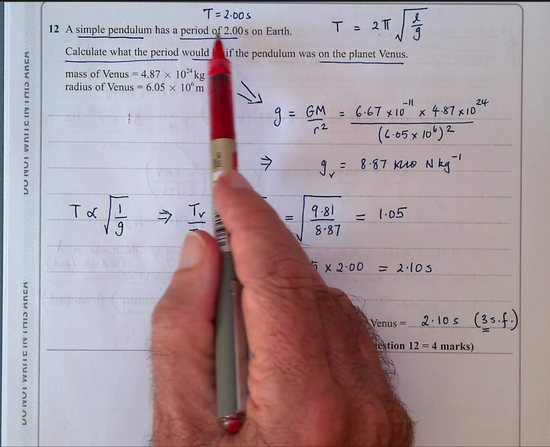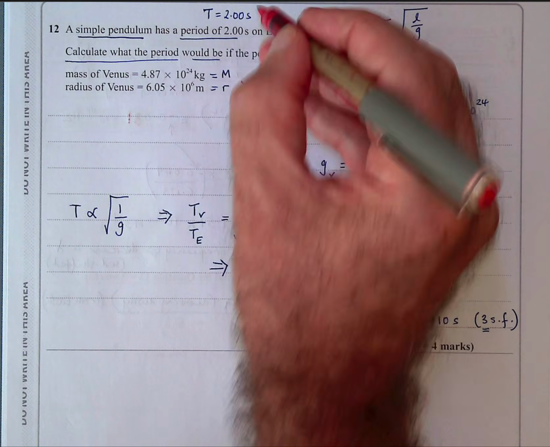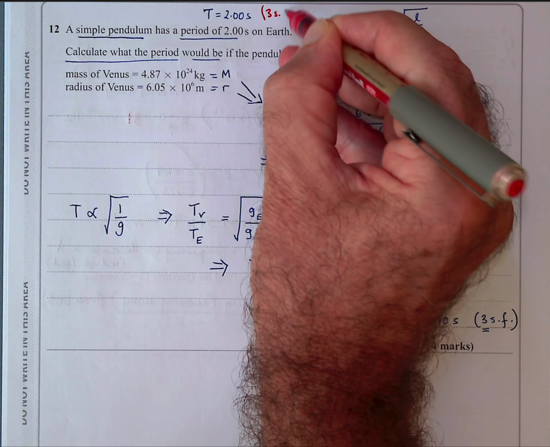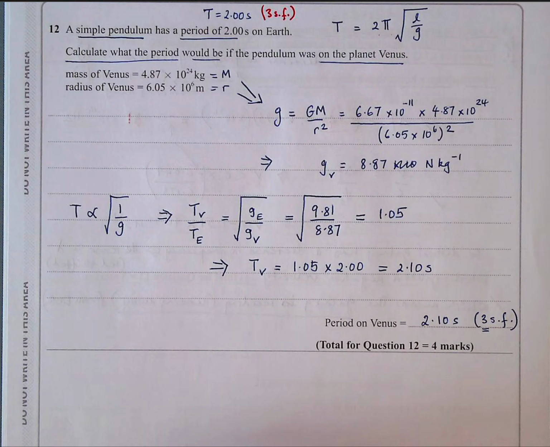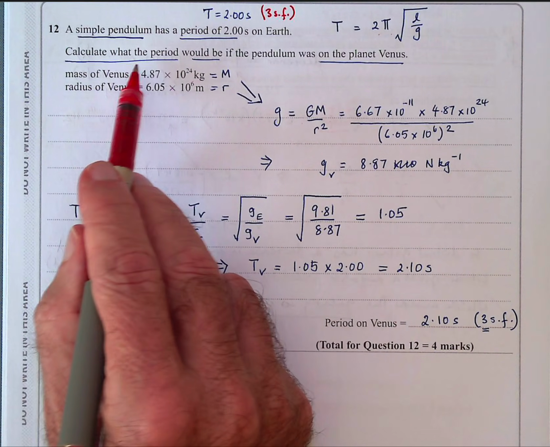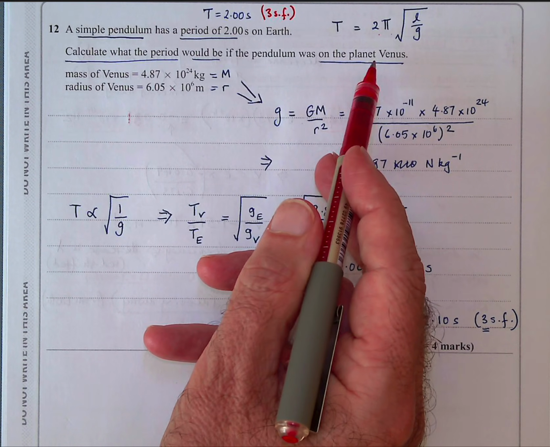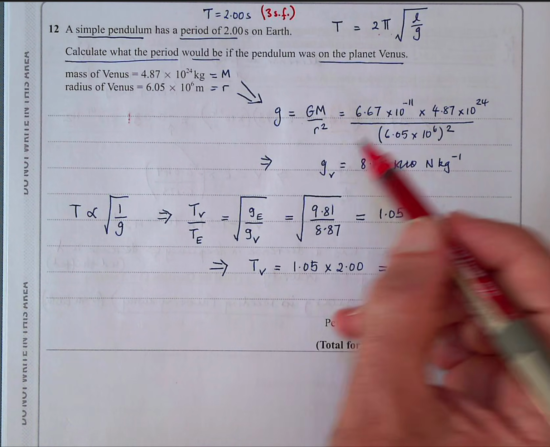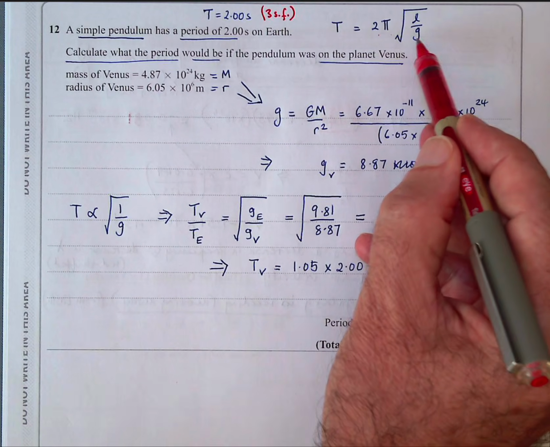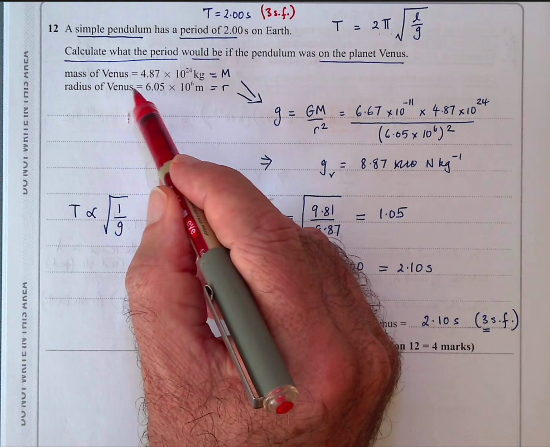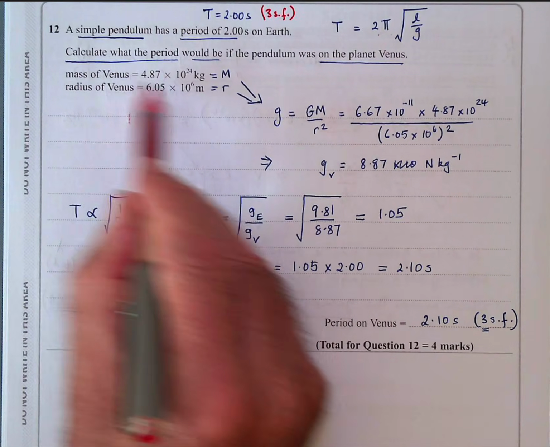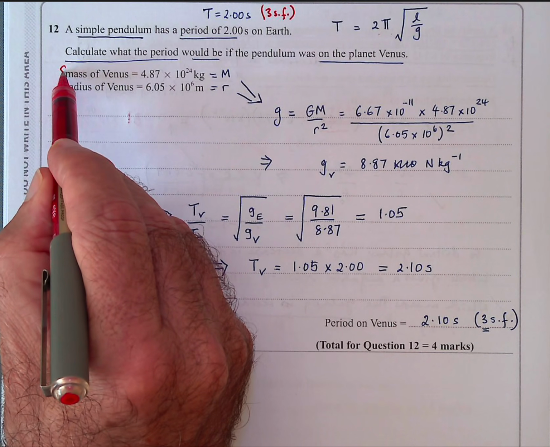They've given us the period as 2.00 seconds, so they're giving us values to 3 significant figures. That gives you a clue as to how many you need to put your answer to. Calculate what the period would be if the pendulum was on the planet Venus. If you know what it is on Earth, the only thing that changes is gravity, but they want you to work it out based on the mass.